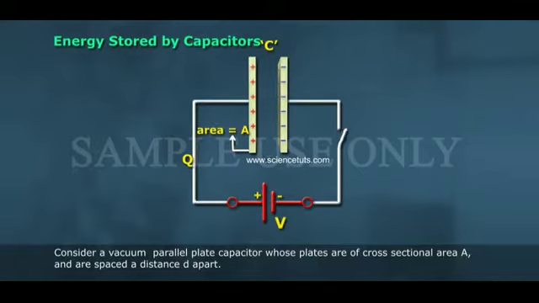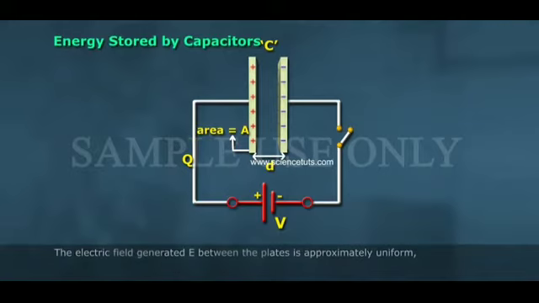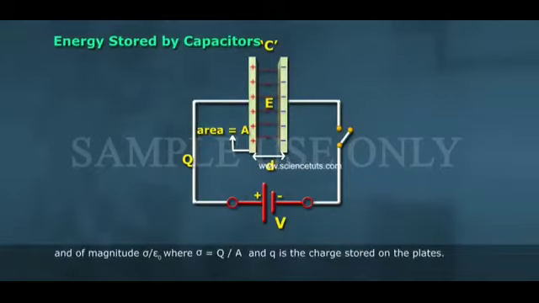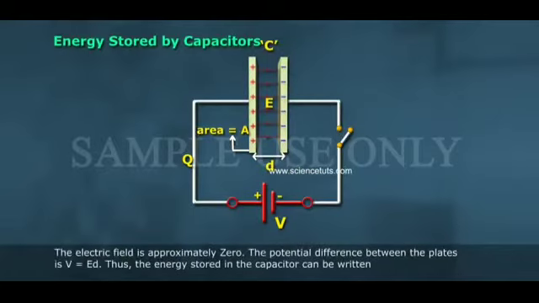UE is equal to 1 by 2 epsilon naught A by d into E d squared, which is equal to 1 by 2 epsilon naught A d into E squared, where A d is equal to the volume of the space between the capacitor plates. The energy stored per unit volume of space is defined as energy density.